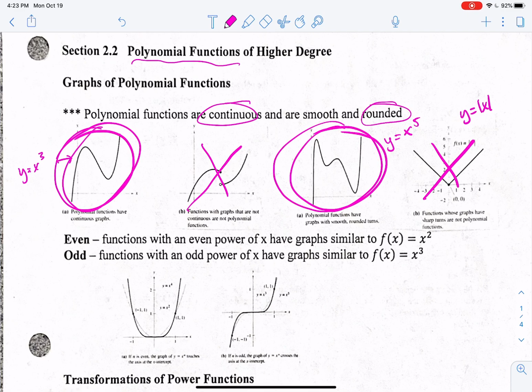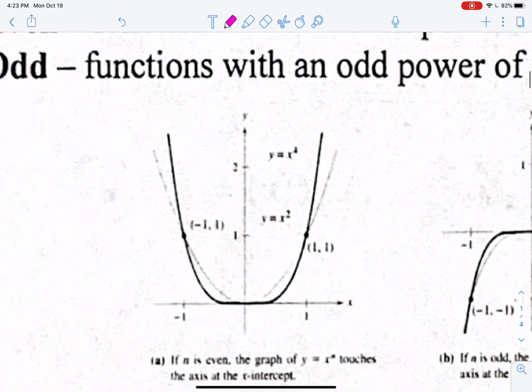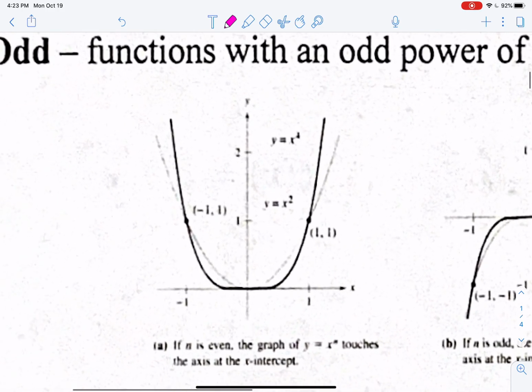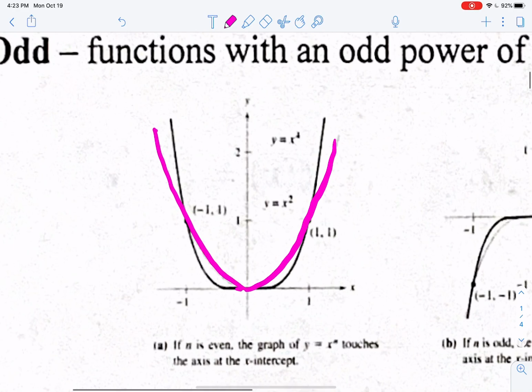So even functions are functions that resemble x squared or x to the fourth power, any even power of x. This is considered to be an even function. This is the graph of y equals x squared, the faint line in here. The graph of y equals x to the fourth power is kind of the flatter tire.